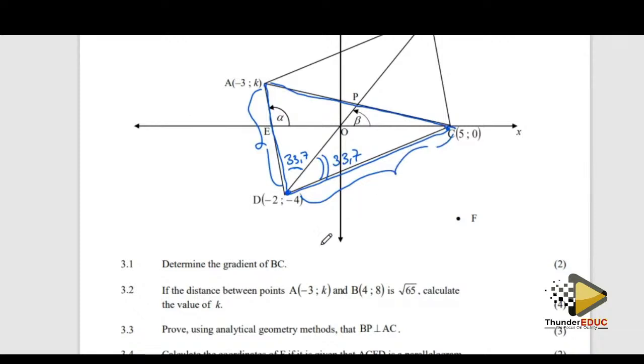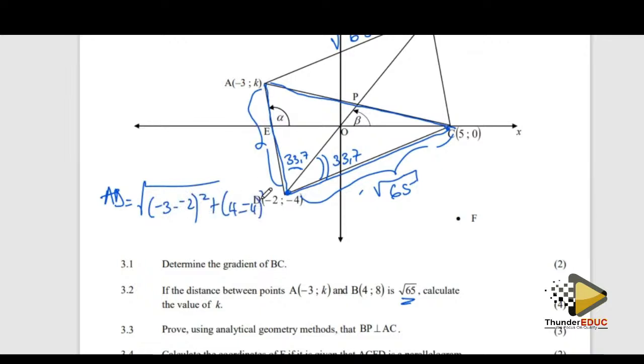What did they tell us? They told us that the distance was root 65. If that is root 65, then we have this as root 65. We only need the distance of AD. So we shall say AD will be the square root of -3 minus -2 squared, and the y's were 4 minus -4 squared. Now I punch that into the calculator.